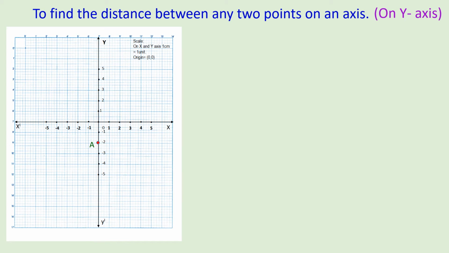Point A, as you can see, has appeared on the xy plane and its coordinates are 0, -2, meaning point A has x coordinate 0 and y coordinate -2. Another point B has coordinates 0, -4. So both are lying on the y-axis.